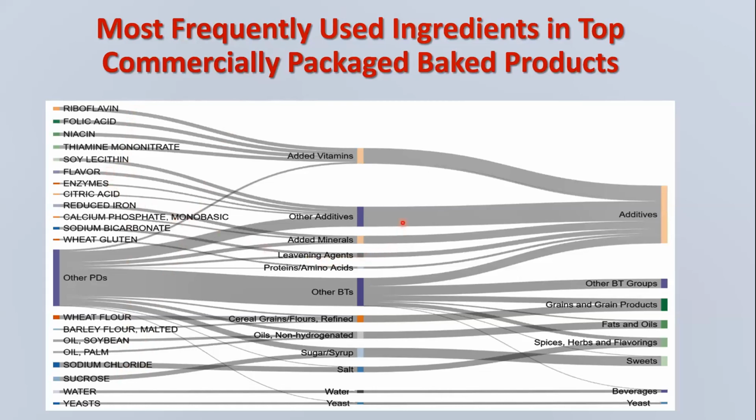And the most frequent groups of ingredients are added vitamins, added minerals, refined cereals, non-hydrogenated oils, sugar, and salt. Overall, we can say baked products are composed mainly of additives, grains, especially refined grains, sweets, spice and flavorings, and oils.